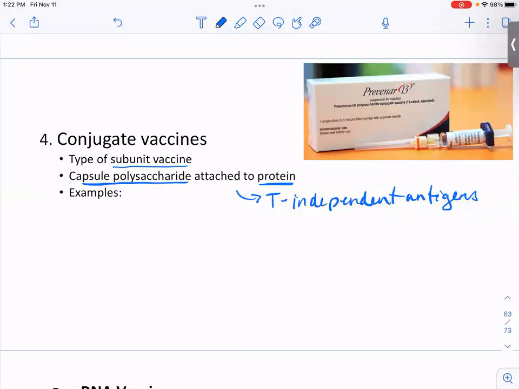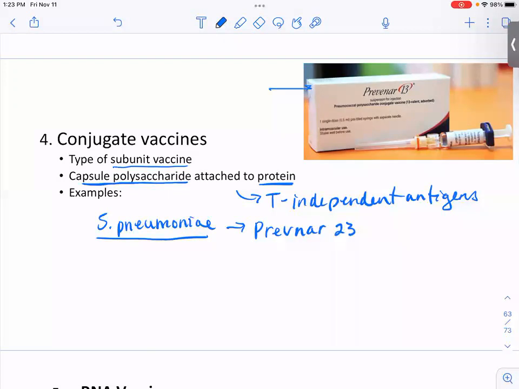Okay, so some examples of this, the Strep pneumoniae vaccine. That vaccine is called Prevnar, it's actually Prevnar 23, old picture there.